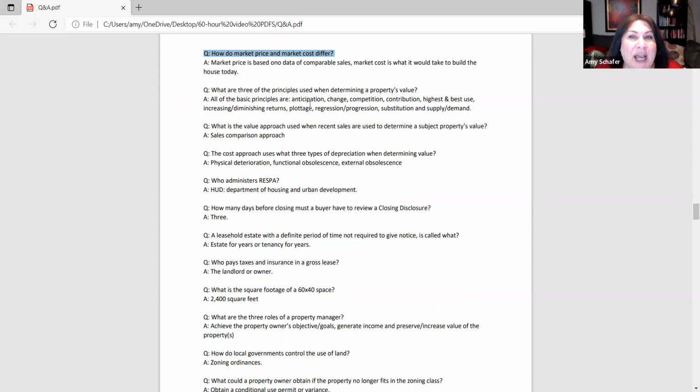What does logic tell us is probably going on with those properties? Well, according to the principle of regression and progression, that 3,000 square foot is probably going to need some love, attention, and updates. The 1,000 square foot house is going to be in apple pie condition with lots of upgrades and renovations. Okay.